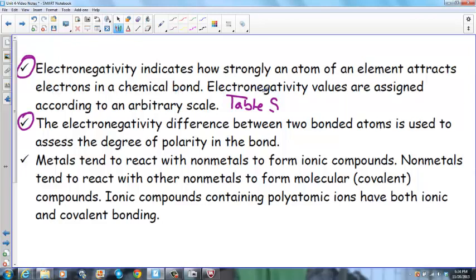The electronegativity values are assigned according to an arbitrary scale, which is on table S. And the electronegativity difference we will be calculating by looking up these values on table S between two bonded atoms. And we use that value to assess the degree of polarity. It's going to actually tell us whether it's ionic in character or covalent.